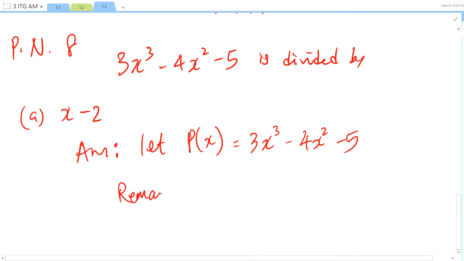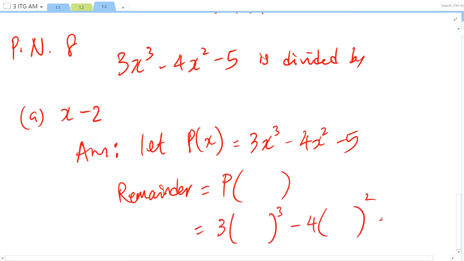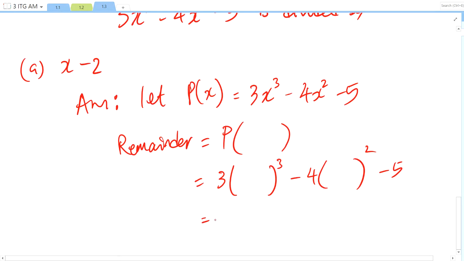Remainder is equal to p(2), substitute in the value, and get the answer. What do you say the answer was again? I'm not going to check over.